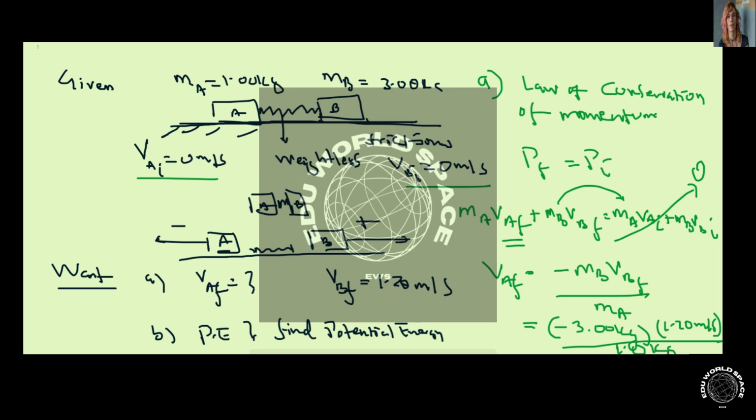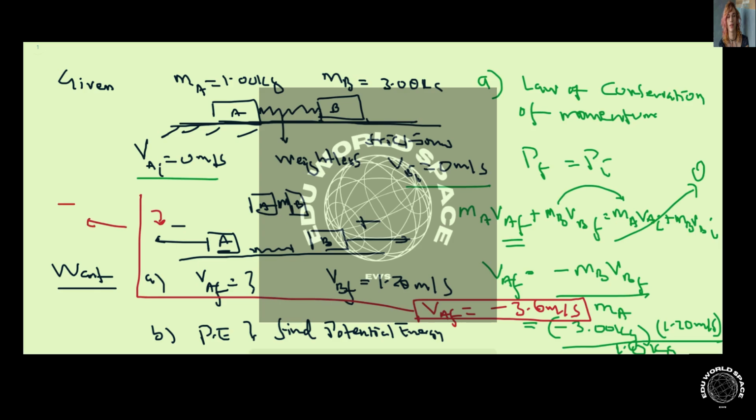Our final solution for the final velocity of A becomes negative 3.6 meters per second. That just means the block is moving leftwards.